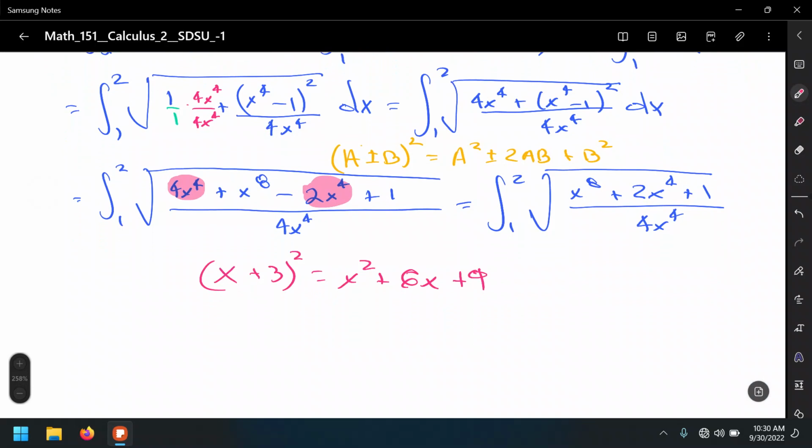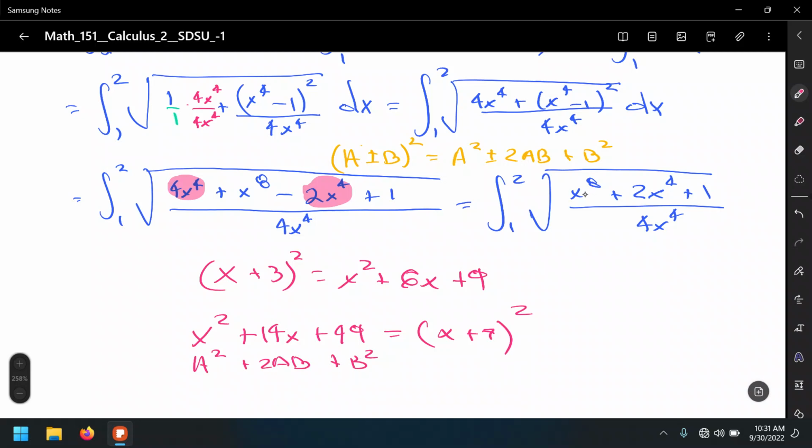And now in the backwards direction, what if we had x squared plus 14x plus 49? So let's do the backwards. What would this be equal to? X plus 7. Do you see this pattern here? So basically what do we have? A squared plus 2ab plus b squared.